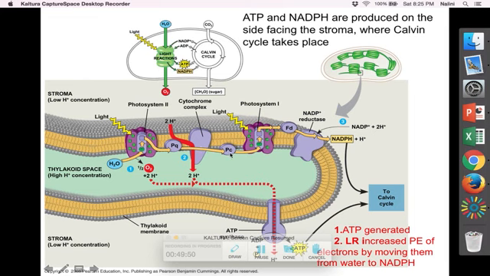And then the same thing happens, plastocyanin is going to grab the electron away from cytochrome complex, and then the electron goes to the special pair of chlorophyll molecules in photosystem 1.